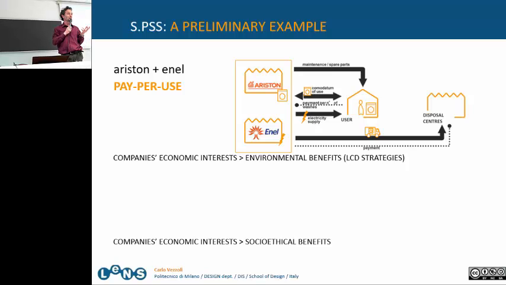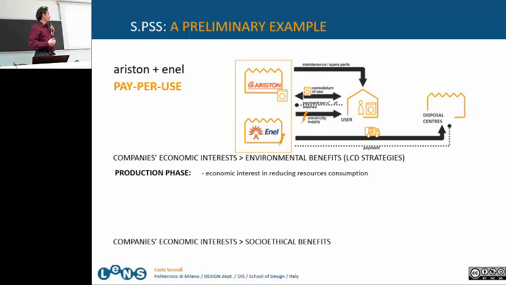They are really few. What is important is that if we find business models or offer models in which for every company, for every entrepreneur, there is an economic interest in reducing the environmental impact, this is great. But we have to change the business model, as we saw in this preliminary example.